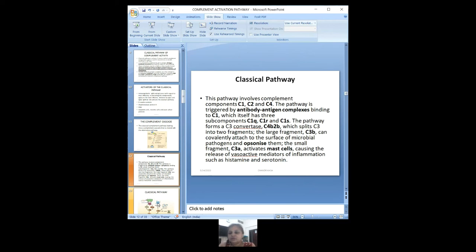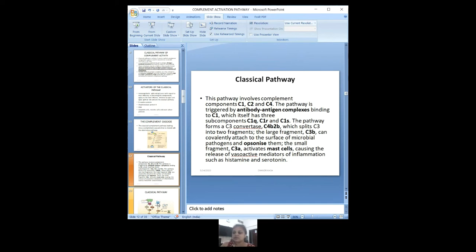Now the formation and activation of the C1 complex causes cleavage of the C4 component. The C4 component is converted to C4a and C4b components.